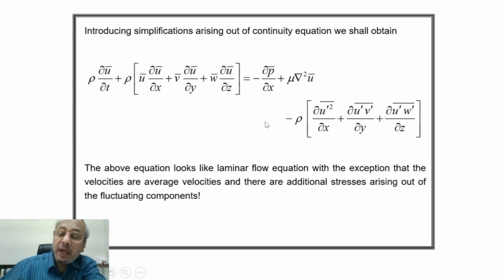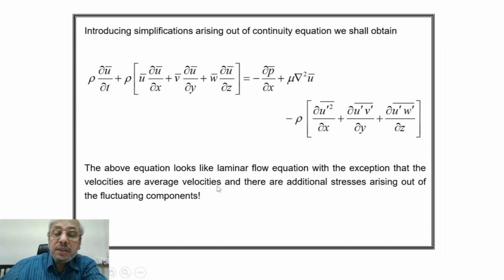We have already said that u prime bar is 0, v prime bar is 0, w prime bar is 0, but the quadratic quantities u prime square bar, u prime v prime bar and u prime w prime bar are non-zero.